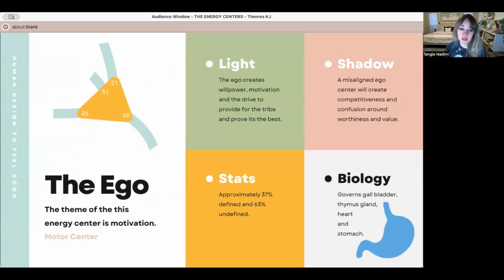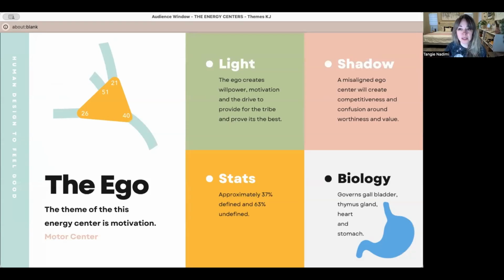Next up, we have the ego center. The theme of this center is motivation, and this is a motor center. So that means it provides motorized energy for willpower and motivation. The light of this energy center creates willpower, motivation, and the drive to provide for the tribe specifically and prove that it's the best.